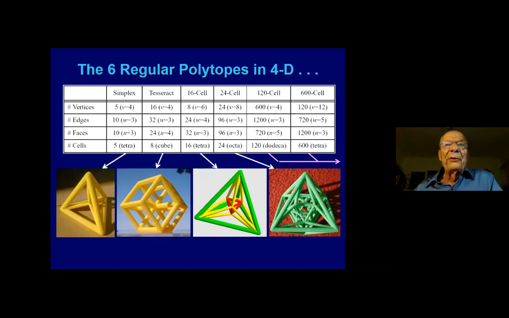And here are the first 4 of them. The first one is the simplex, or the 5 cell. It's shown in a perspective projection. It is composed of 5 tetrahedra. 4 of them are squashed and distorted because of the projection from 4D space into 3D space.